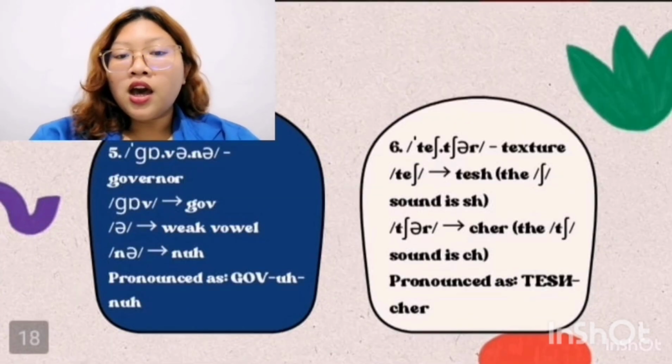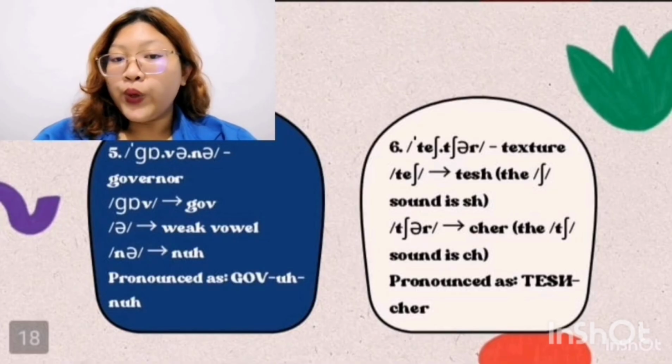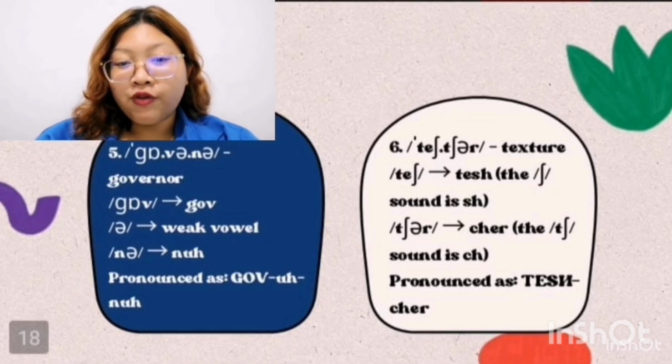Number 5, governor. The first part we read is "gov". The vowels are weak, and the "n" is "n". So the pronunciation will be "gov-uh-nuh". So we read it as governor.